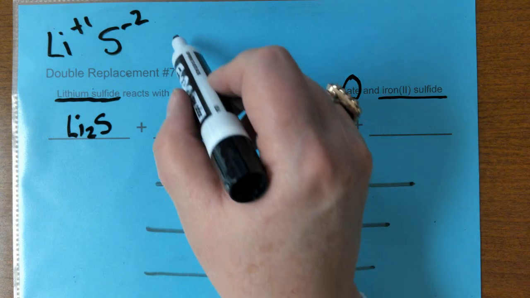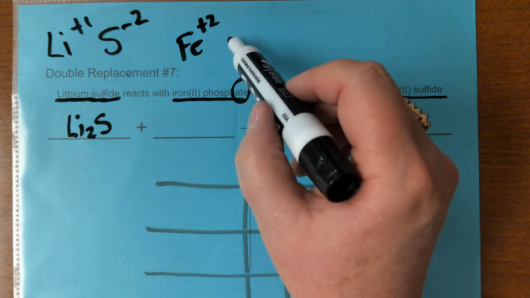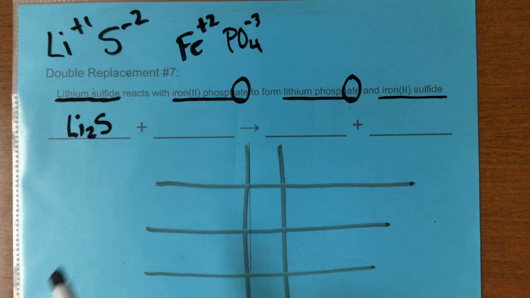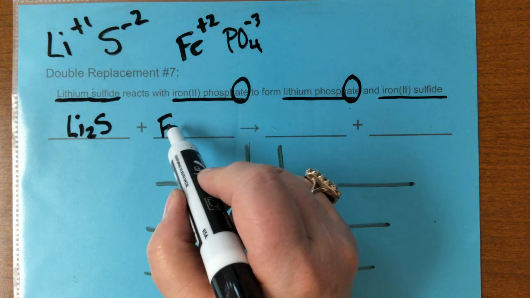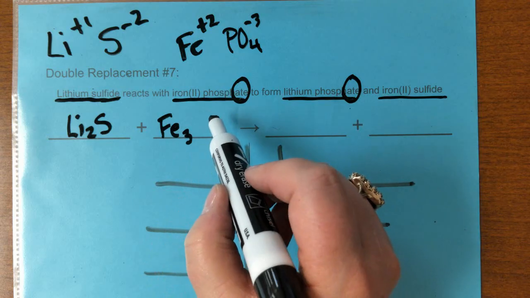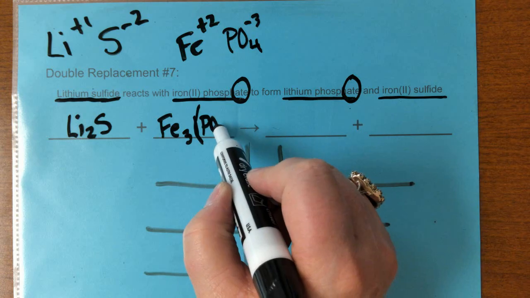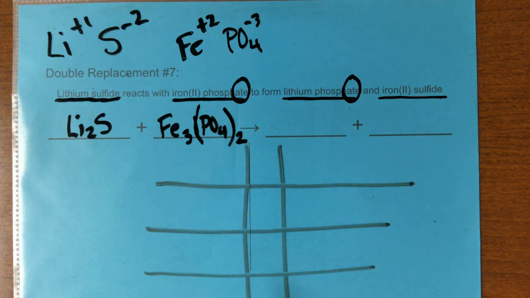Okay. Iron, they tell me the charge. It's a +2. Phosphate is one of my polyatomics. It's PO4 -3. Those don't zero out. So I would need 3 irons for every, I'm going to put phosphate in parentheses, 2 phosphates.